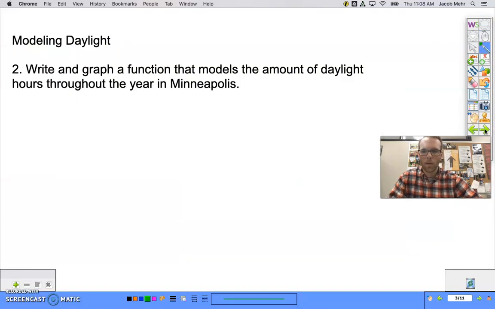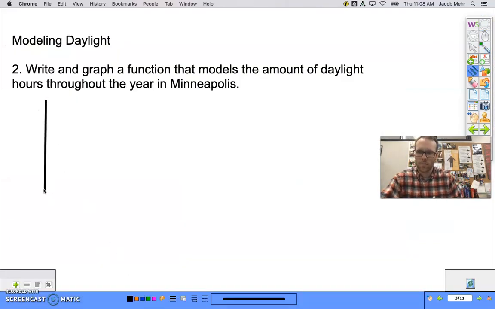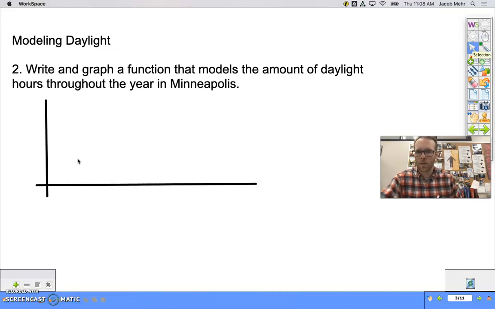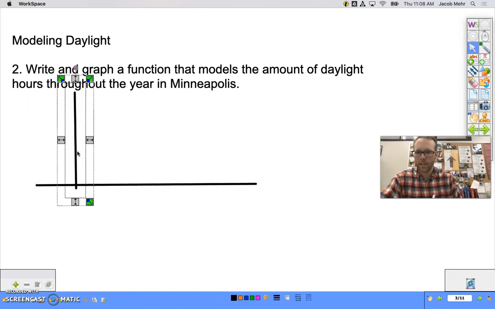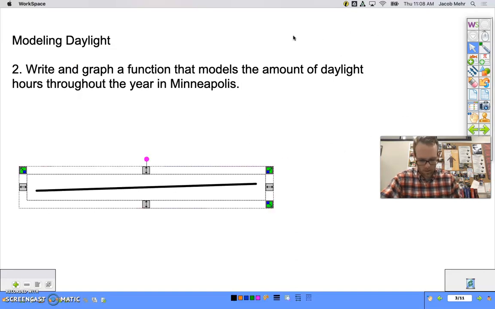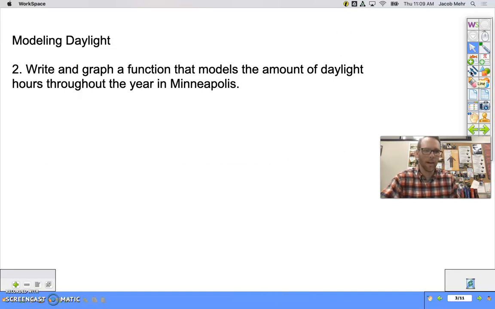What I'm going to do, like I like to often do, is sketch what the graph looks like, and then we'll come up with the function. All right, I think I want to get rid of that. This is not going well. Let's start over.